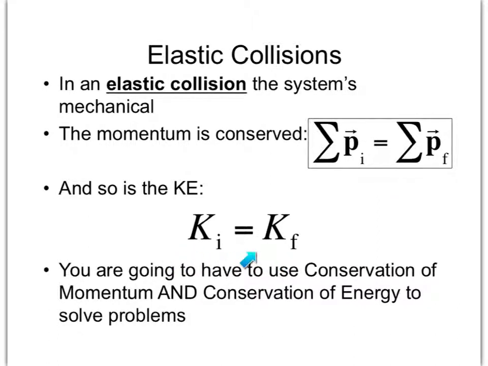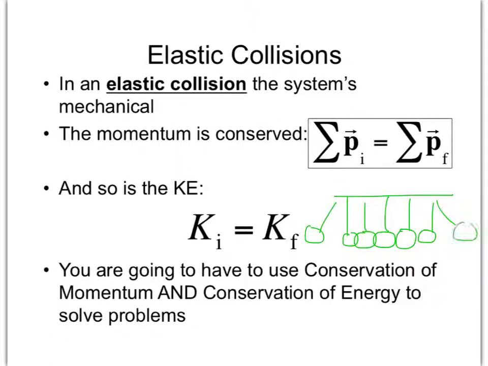With elastic collisions, the assumption is you have two objects that are, ideally, we would say, perfectly elastic. Now, in the real world, there's no absolutely perfectly elastic object, unless you're talking about certain subatomic particles, but very elastic objects are things like, well, if you've ever seen those Newton's Cradle things where there's like 5 or 6 balls hanging from pendulums right here, and you pull this one back and then it swings down and this one comes out.